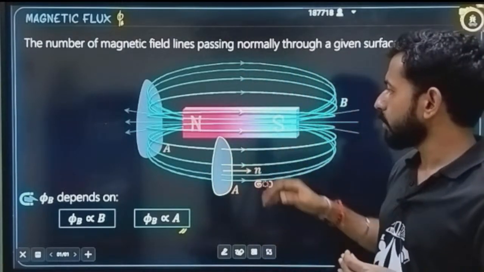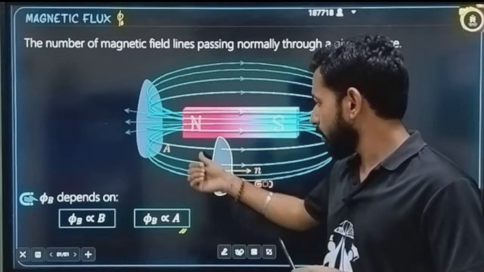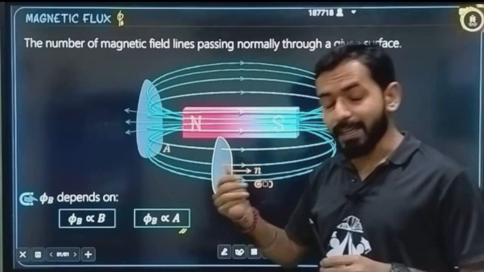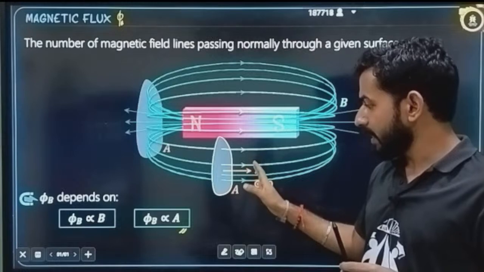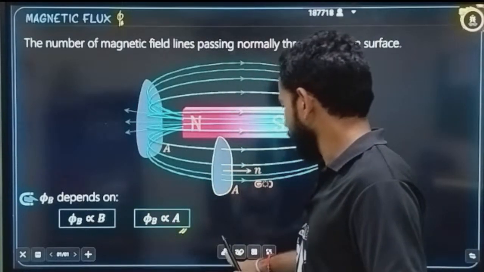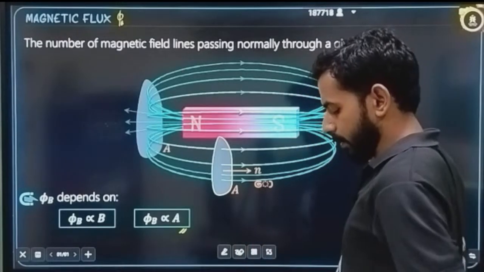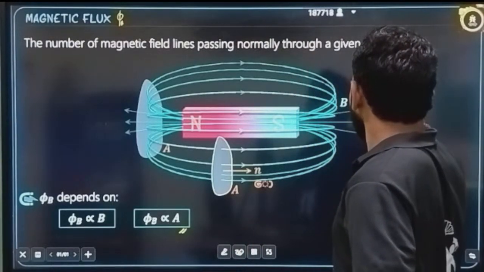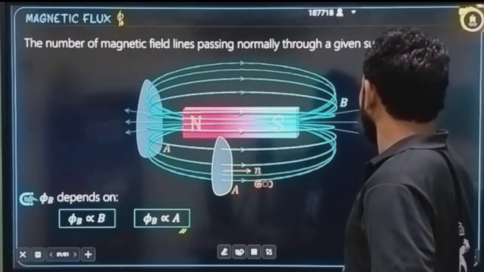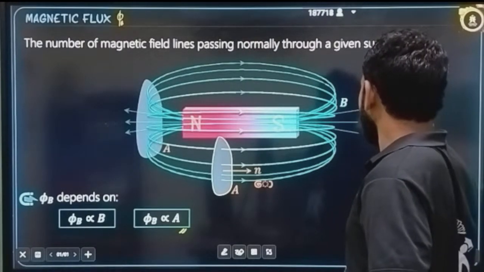So here, let's suppose I have taken some cross section area, and the number of magnetic field lines passing through it is defined as flux. When it was calculated, flux was directly proportional to B, and directly proportional to the area.